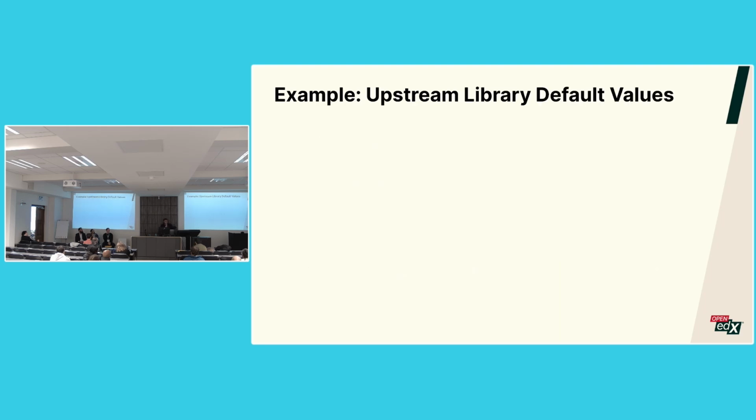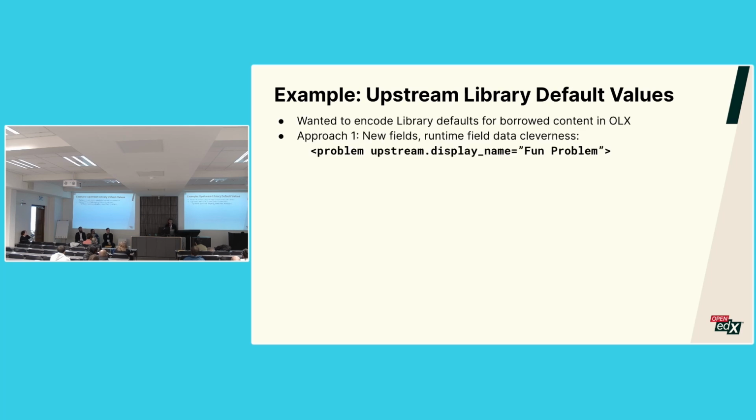So how is this useful? An example I gave earlier was that courses don't have their library defaults serialized with them, and they should. So we want to encode library defaults in the course OLX. One approach we looked at was to add a new type of field, a special upstream field, and make the runtime clever.